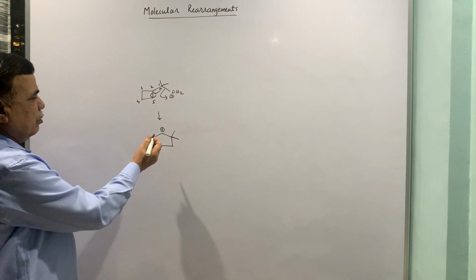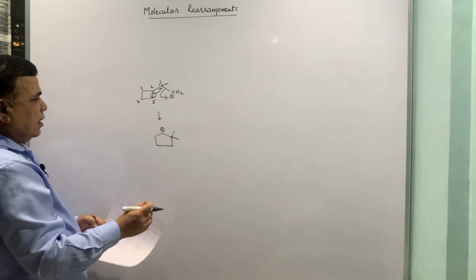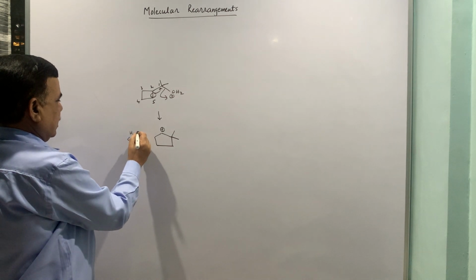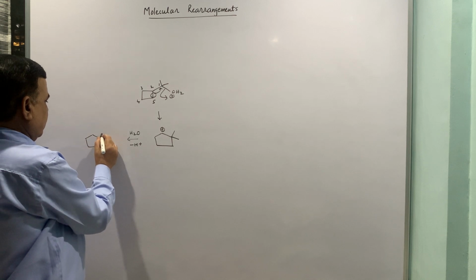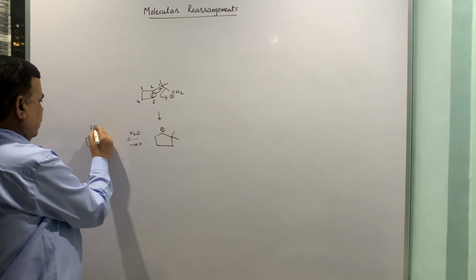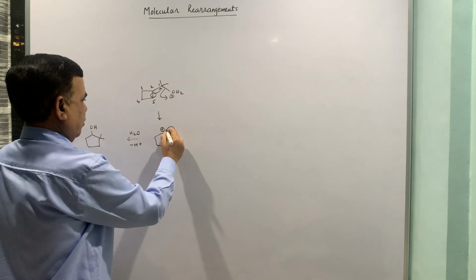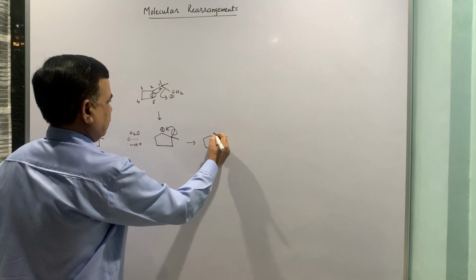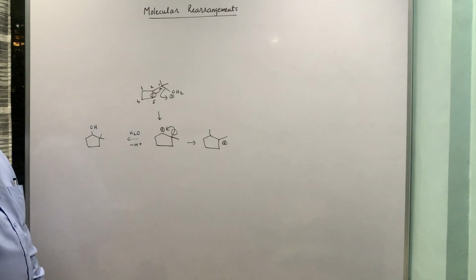If this loses a proton, or if this reacts with water and loss of proton, this will give you the alcohol. If methyl migrates, the secondary becomes tertiary.